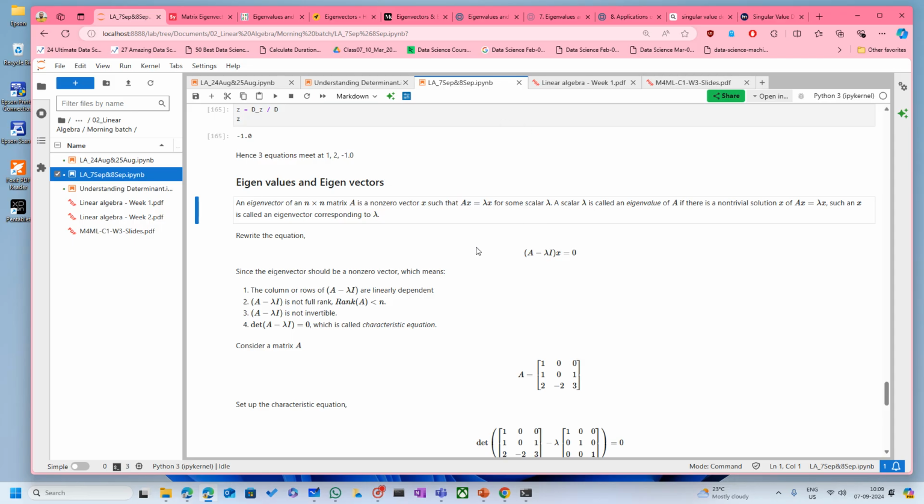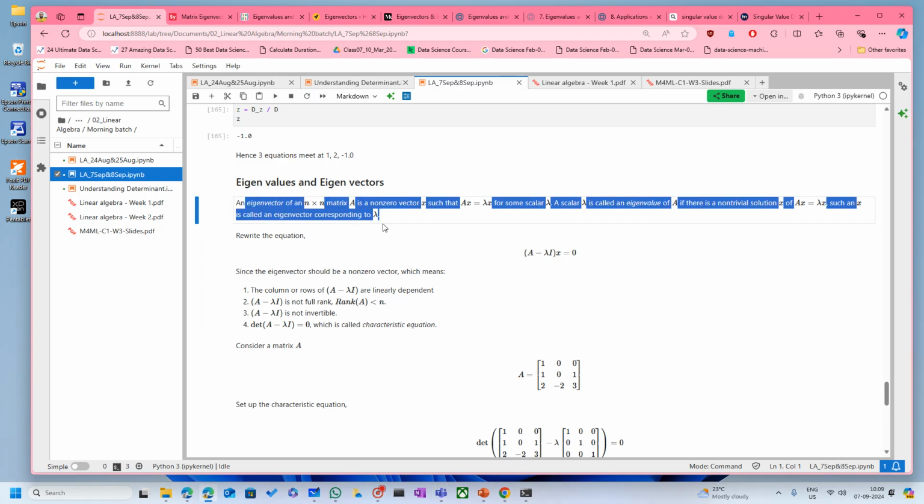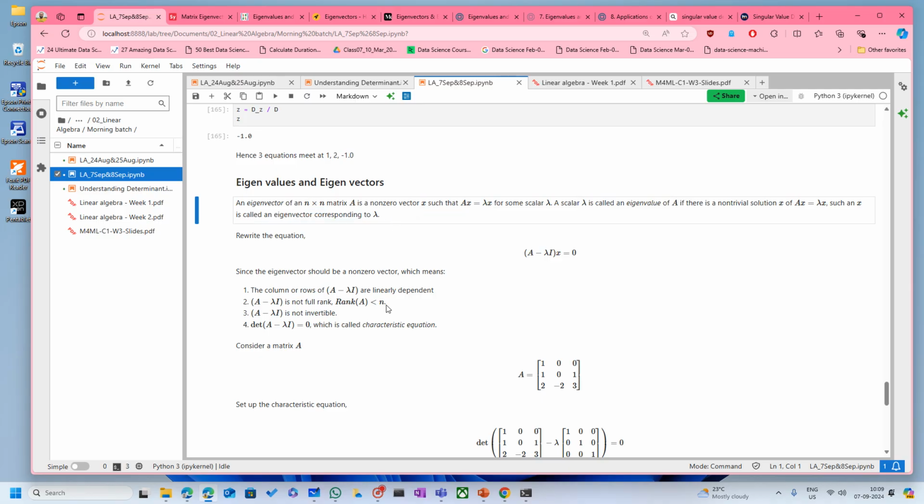In that scenario, we call lambda the eigenvalue and x the eigenvector. Is this clear? Did you understand? We are going to reuse this in a lot of places. Are you able to understand this definition and what we are saying here?